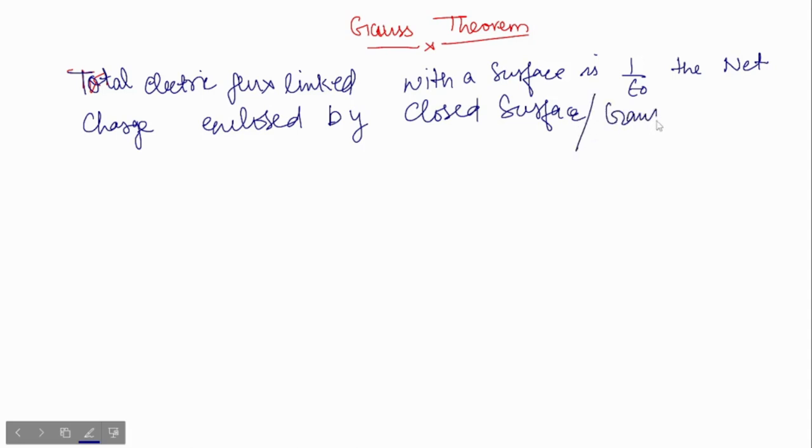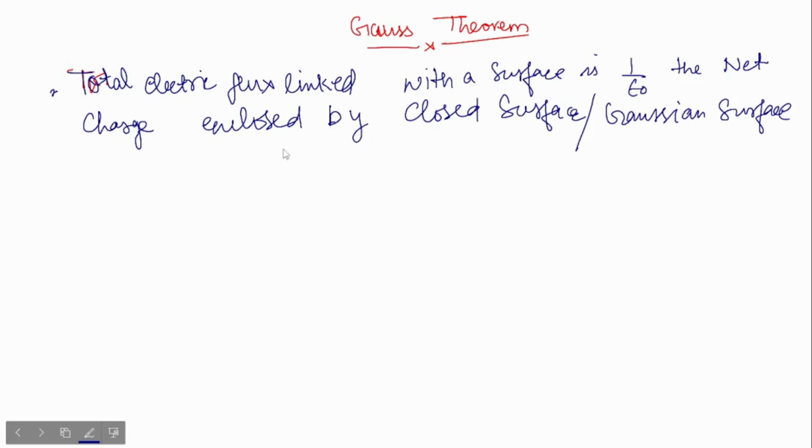So this is the basic statement of Gauss theorem: the total flux linked with a surface is 1 by epsilon naught times the net charge enclosed by the closed surface or Gaussian surface. I'm writing it so that it will be more clear to you.